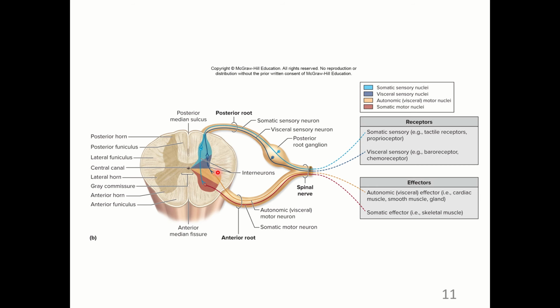Lateral horns will contain the cell bodies of autonomic motor neurons, and here's the word visceral to remind you that it goes towards the organs and glands. And then anterior horns, also called ventral horns, will contain cell bodies of somatic motor neurons, which will innervate skeletal muscles.